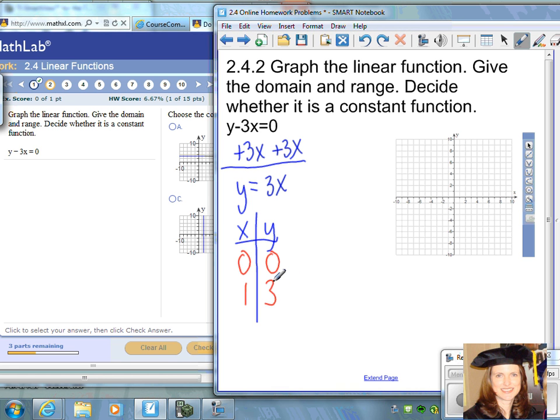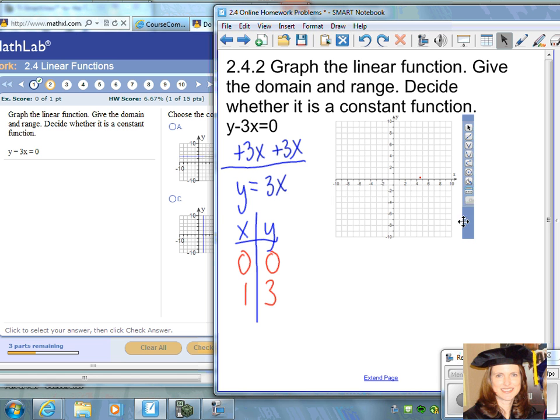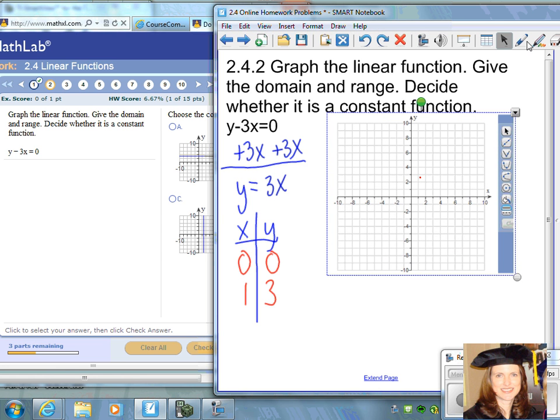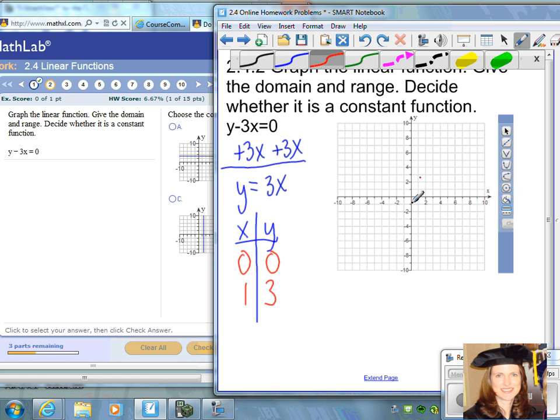So we're going to plot those 2 points on the graph. Make it a little bit bigger. I plot a point at 0, 0, and a point at 1, 3.